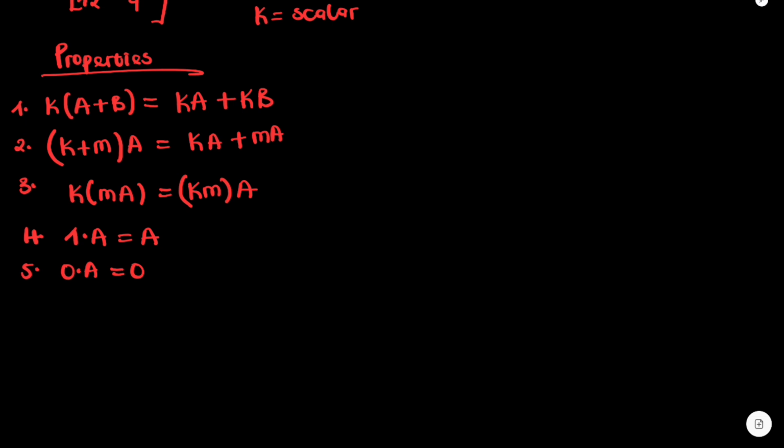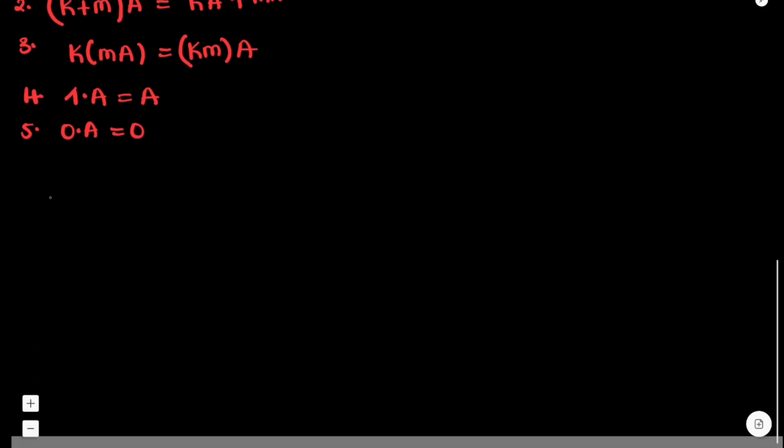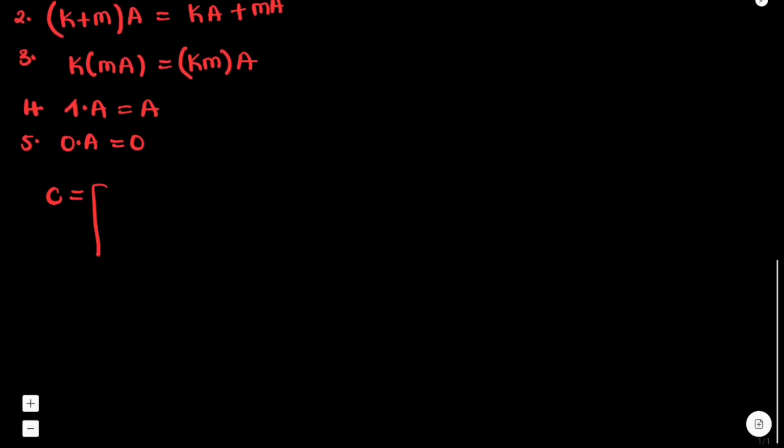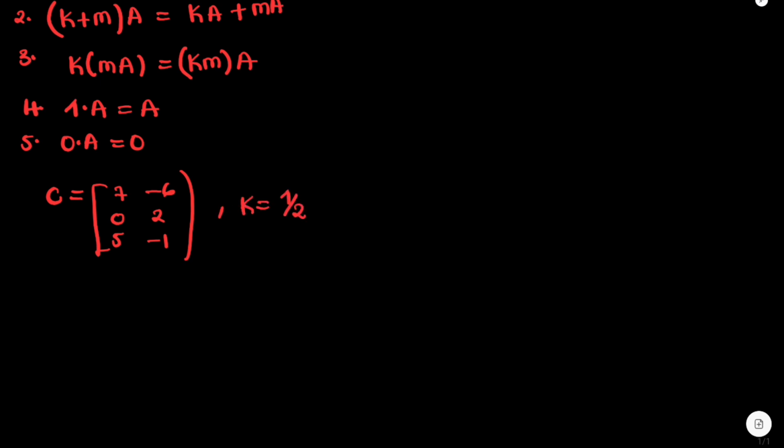So let's take another example. Let's say we have a matrix C, which is 7, minus 6, 0, 2, 5, minus 1. And we have been given a scalar of half.